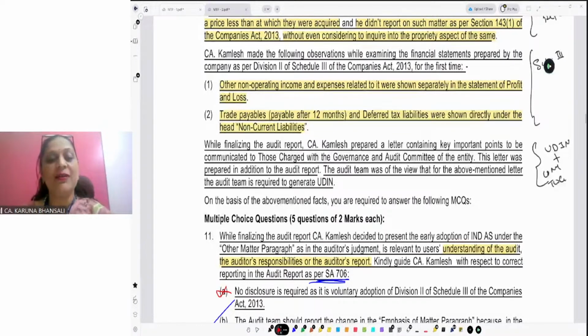We have learned new concepts and amendments in detail. Harshad has tried to cover all the aspects: how to go about the paper, how to manage the time, how to read the question carefully, what the important facts given in the question are, and how to jot down those points and cover them in your answer. So we have practiced that in the last 3 days, right?